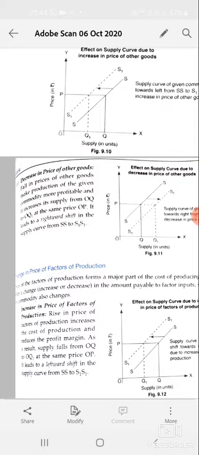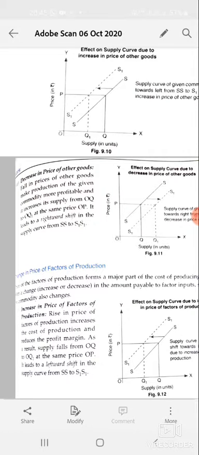First, increase in price of factors of production. In simple words, if labor, capital and land become expensive, or the producer has to give more money compared to earlier, then the profit margin of the producer will come down.